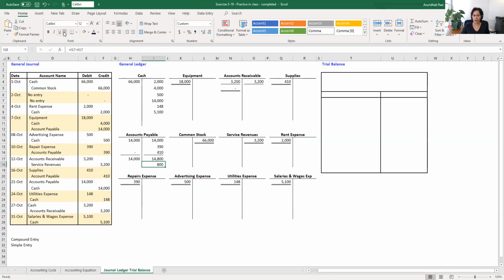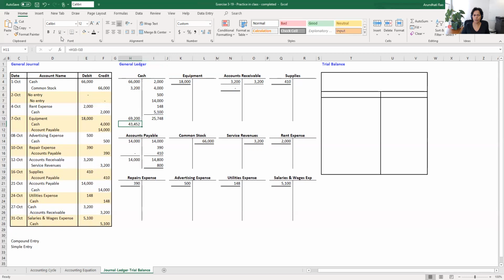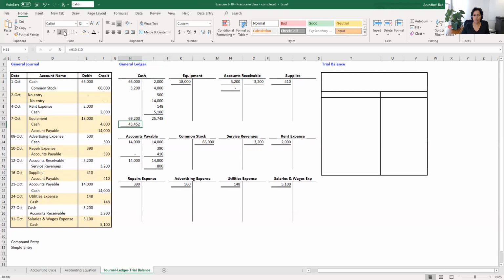Again, put it on the side that is the normal balance. So here we have 14,800 minus 14,000 leaves you with a balance of $800. You will do the same thing for cash over here to arrive at your balance of $43,452.